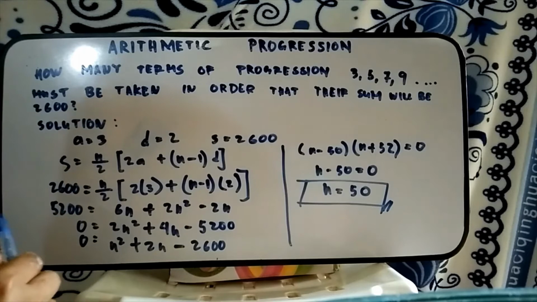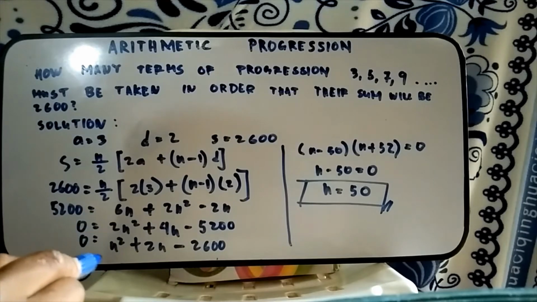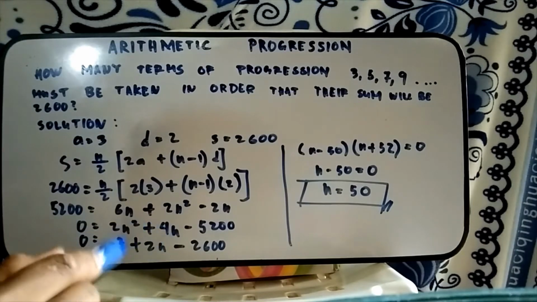The formula we will use is S is equal to n over 2 times 2a plus n less 1 times d.